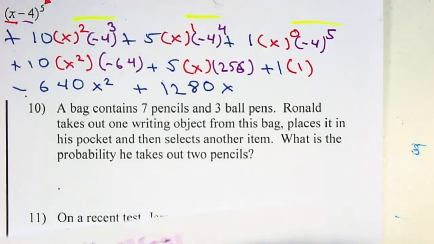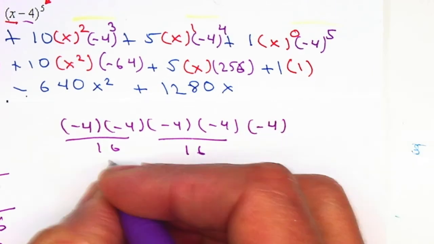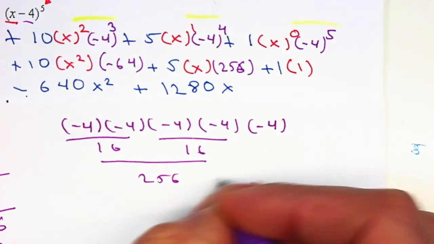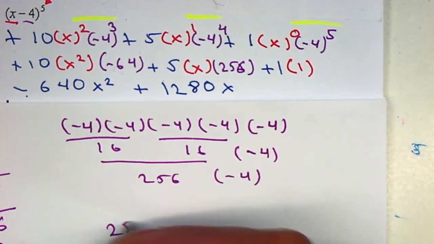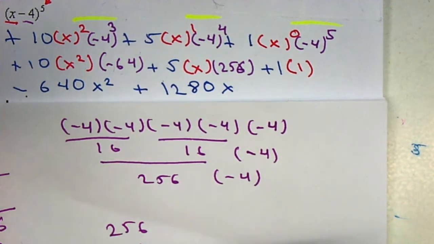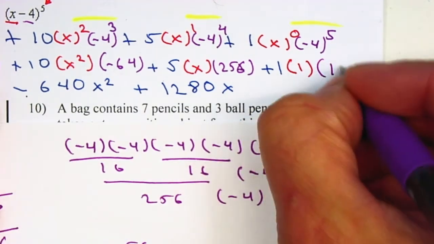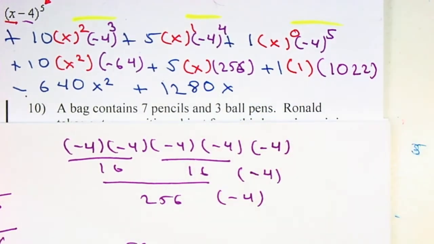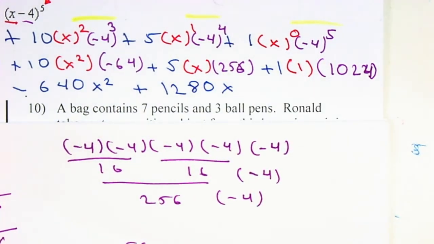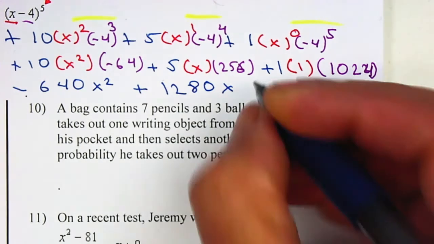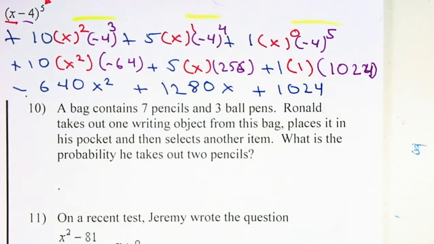Negative 4 to the 5th power. So we have negative 4 to the 4th, which is 256, times one more negative 4. 256 times 4 gives me 1024. So 1 times 1 times negative 1024 gives me the last term, and that'll be my answer.